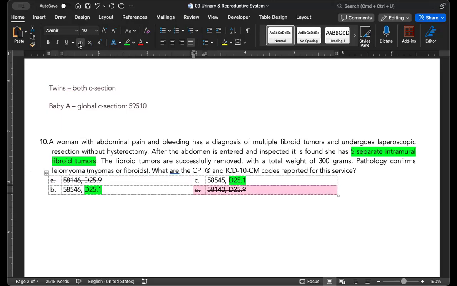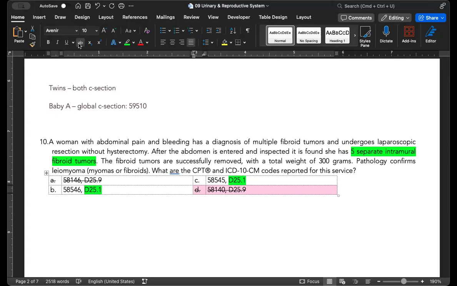58545 is laparoscopy, surgical, myomectomy, excision, 1 to 4 intramural myomas with a total weight of 250 grams or less, and or removal of cervix myomas.